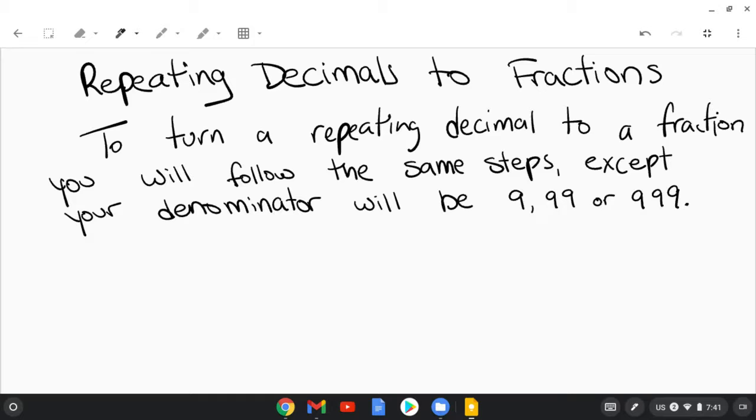The number after the decimal becomes your numerator. But your denominator, instead of being over 10, 100, or 1,000, will be over 9, 99, or 999.